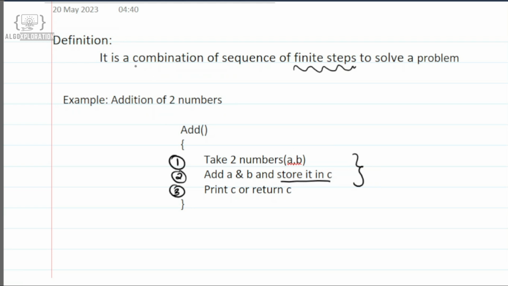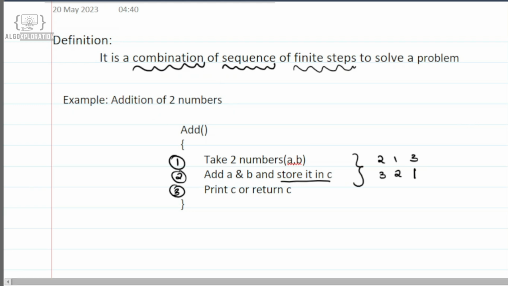Now the third: if we jumble up the three statements, like 2 then 1 then 3, then we can't get to a solution. Similarly, if 3 then 2 then 1, then also we can't get to the solution. So the sequence is important. By these 3 points we cover the definition of algorithm.